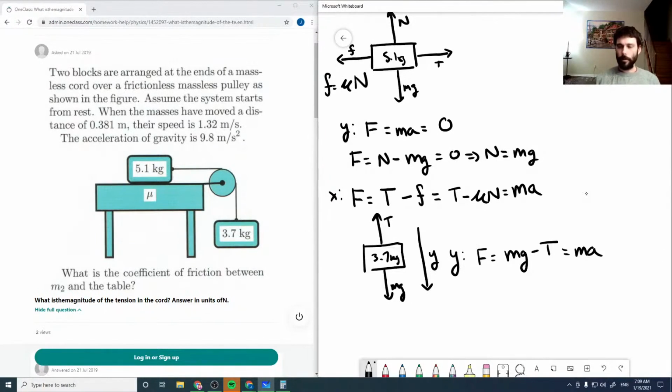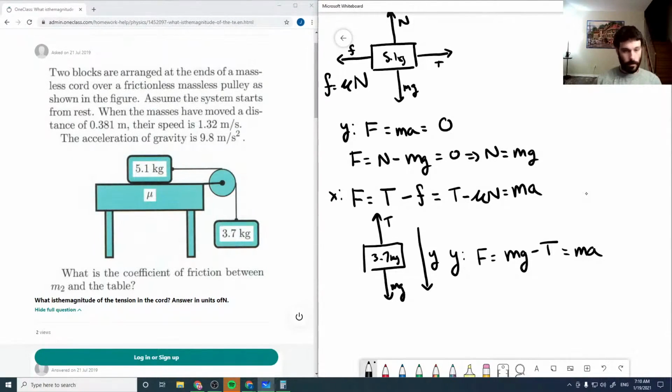That way we don't have to worry about weird sign things. As this equals ma now. We don't need to worry about the x direction because there's no forces. And also because the systems are connected, these accelerations are going to be the same. And also the tensions themselves are going to be the same.